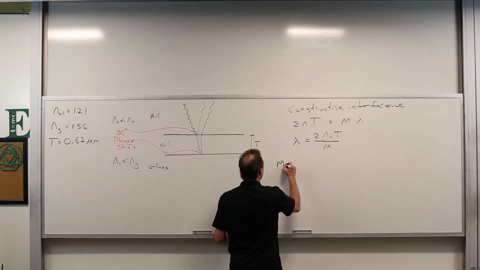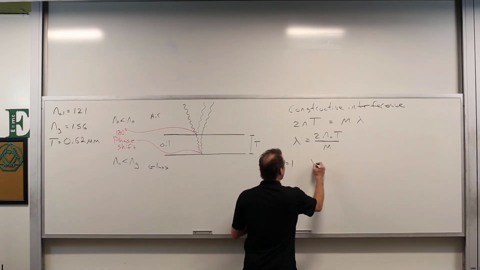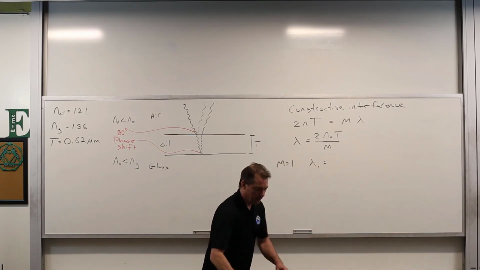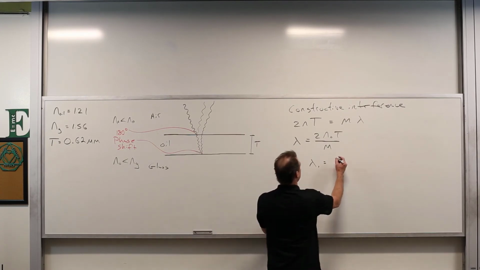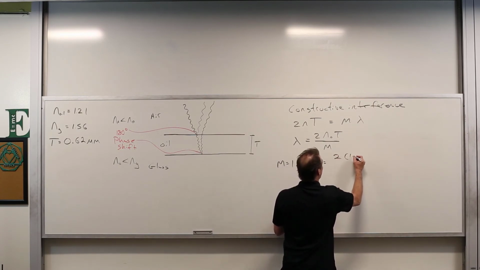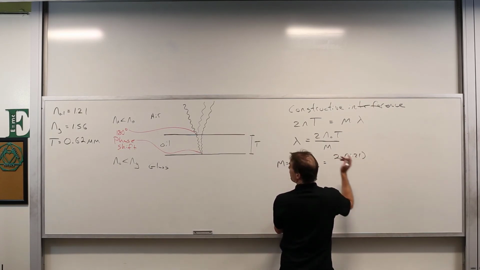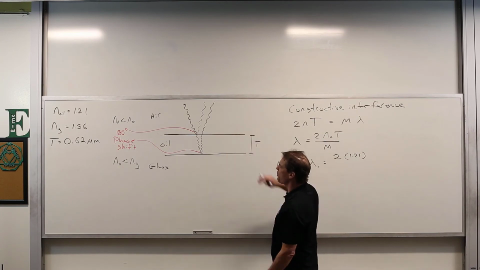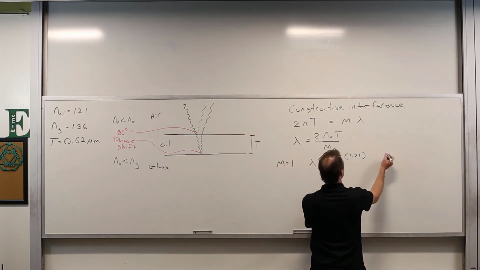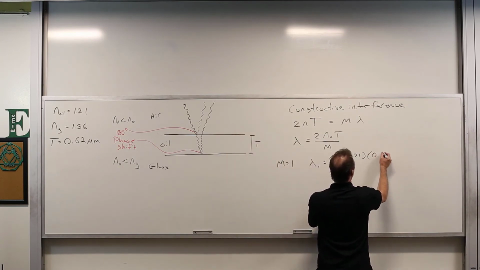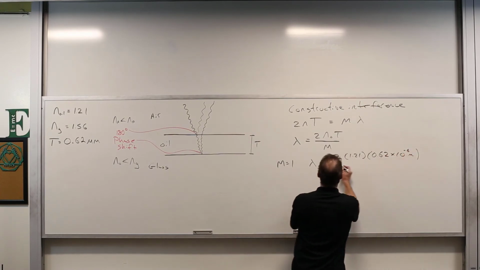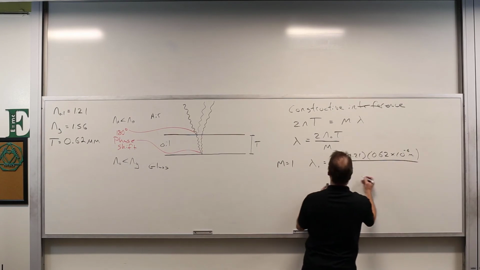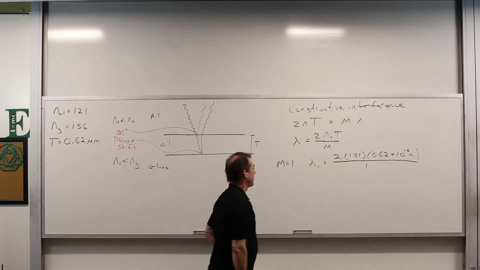We could look at m is equal to 1. Well, that gives us some lambda. Put this in: 2 times 1.21 times the thickness. We're told that the thickness is 0.62 micrometers, so we'll do 0.62 times 10 to the negative 6 meters, and then divide that by 1 in this particular case.